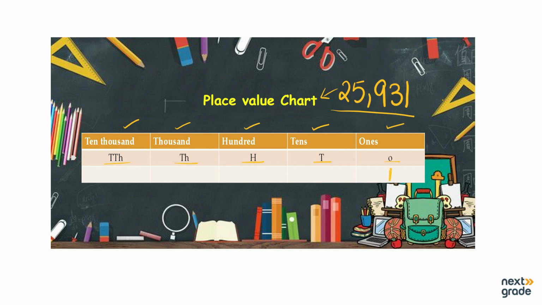Then comes 3, which is at the tens place. Then comes 9, which is at the hundreds place. Then comes 5, which is at the thousands place. And the last one is 2, which is at the ten thousands place. So this is how we put the values in the place value chart in order to identify the place of each of these digits.